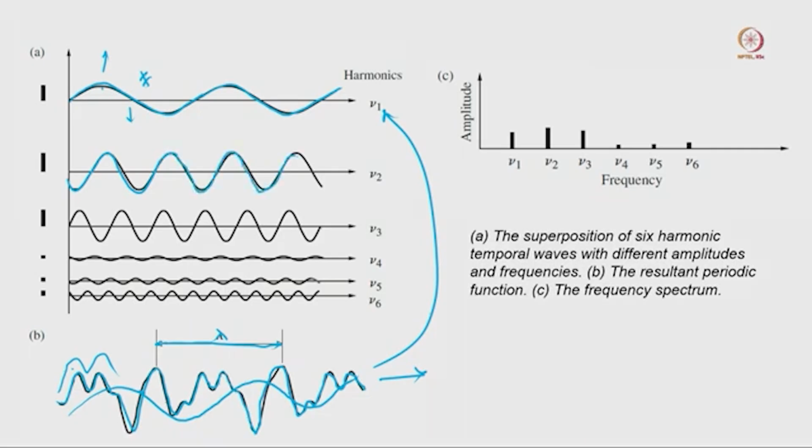When we added this particular wave, what happened here? There is a decrease in the amplitude, but an increase in the amplitude in this particular position. But again in this position it is pushing down, and the amplitude is decreasing.